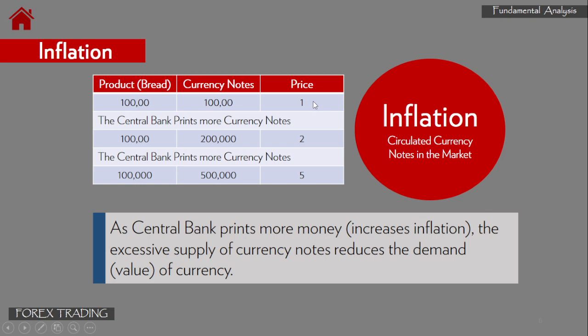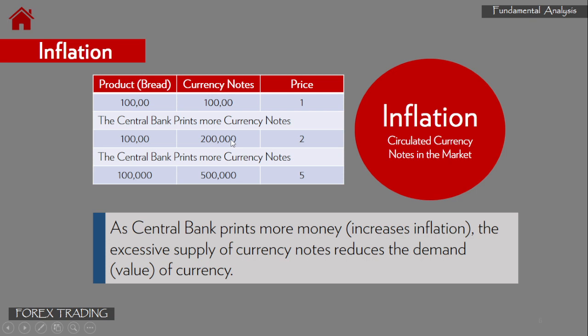So the price of one bread will be 1. Then the central bank prints more currency notes. It doubles the amount from 100,000 to 200,000. Now we have double the currency notes, but the same amount of bread available in the market. So now each bread will cost 2.